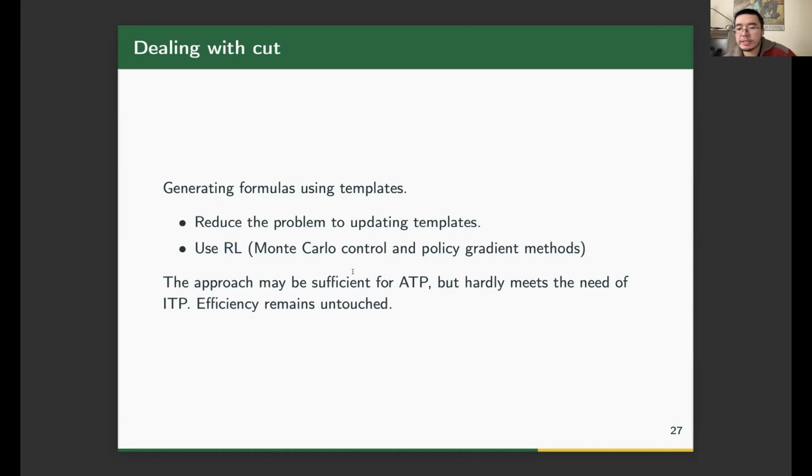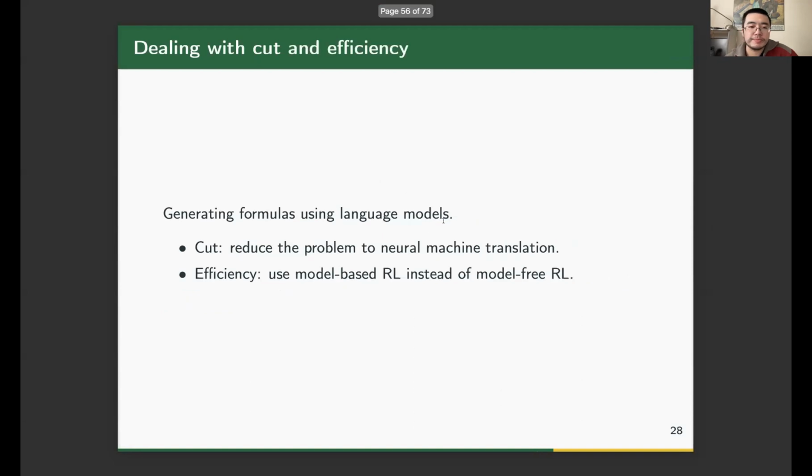But the problem is that those templates hardly meet the requirements of general mathematics, right? There is no fixed template that will work for every domain of mathematics. Your template for reals may not work for logic or whatever. So this is not ideal. They might work for some domain specific tasks, but they are not good in general.